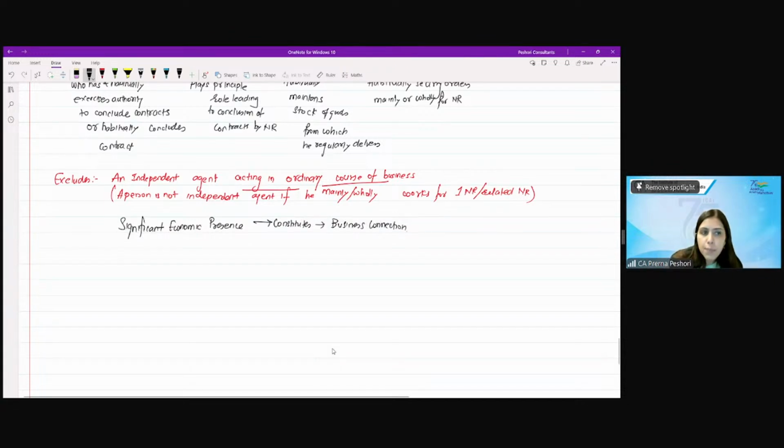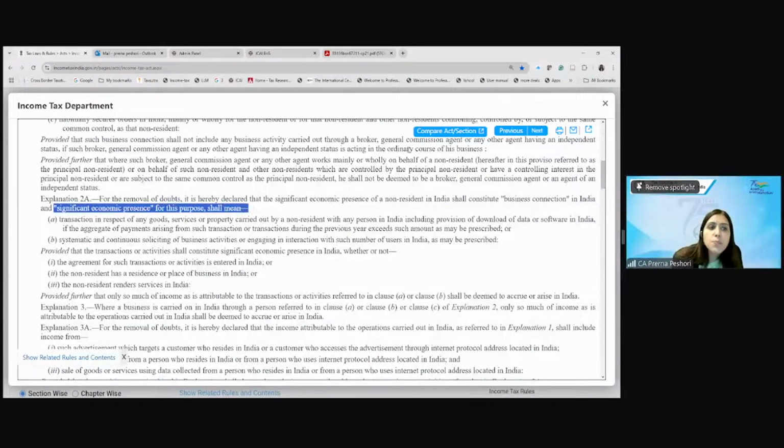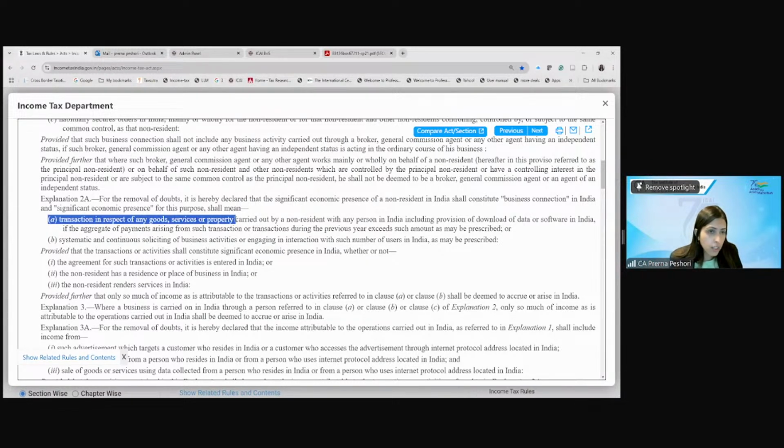What does SEP mean? Significant economic presence for this purpose means transaction in respect of any goods, services or property. It doesn't say transaction of goods. It says transaction in respect of any goods, services or property. In respect of is much wider than of.